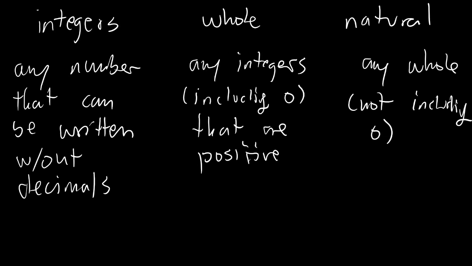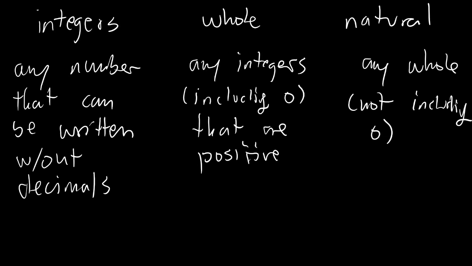Integers are all numbers that can be written without decimals. So for example, -10 is an integer. -2.5 is not an integer because it has that 0.5. -10 over 2, that's an integer because that's -5. And so on. Now 5 is also an integer.